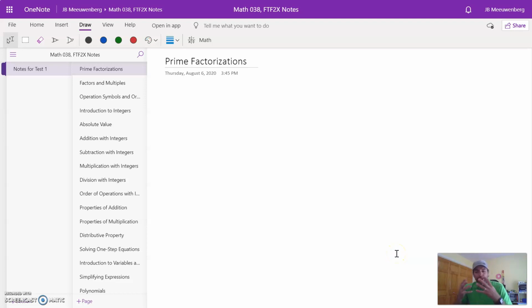So we just talked about prime numbers, and now we're going to do something with them called prime factorizations. We are going to use these regularly. They're really helpful for things like reducing fractions.